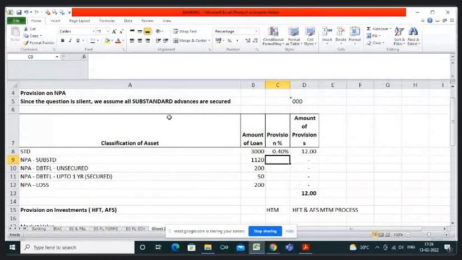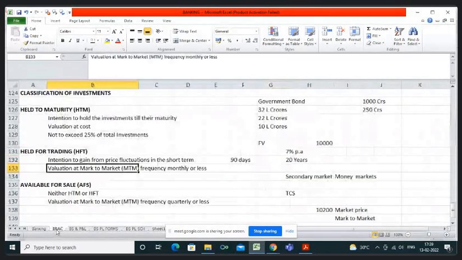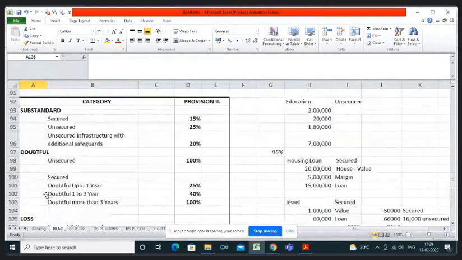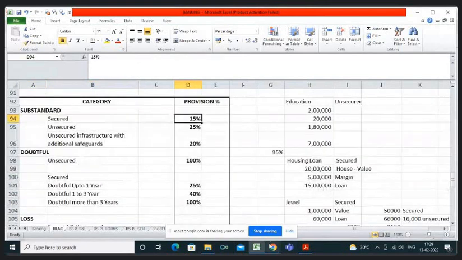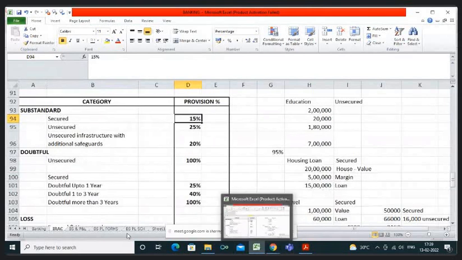Now I have to assign a provision percentage. For standard asset, it is 0.40%. For NPA substandard, since we have assumed all these are secured, we'll go by the provision percentage given, where substandard secured is 15%.